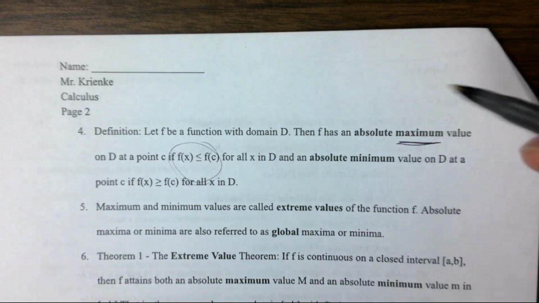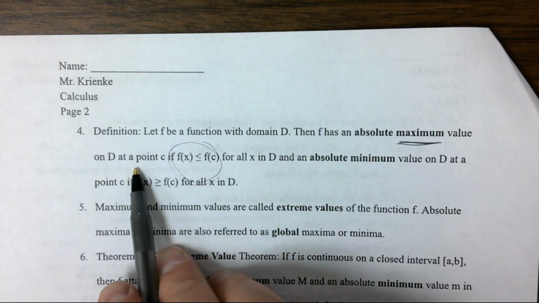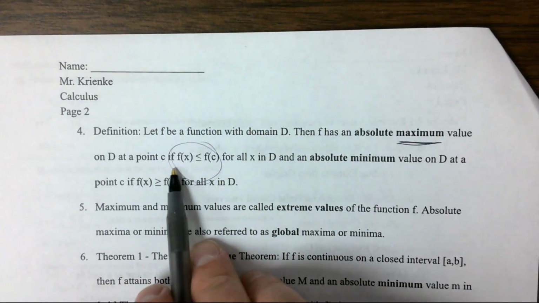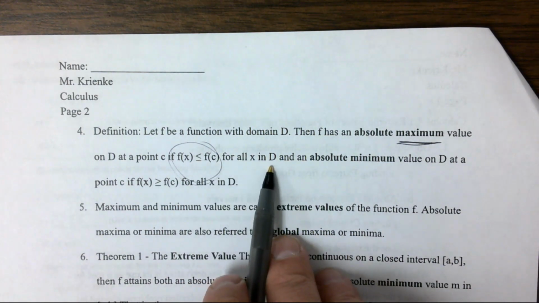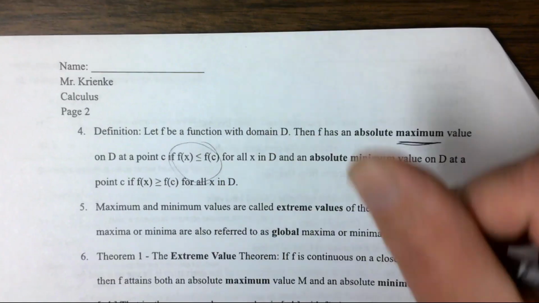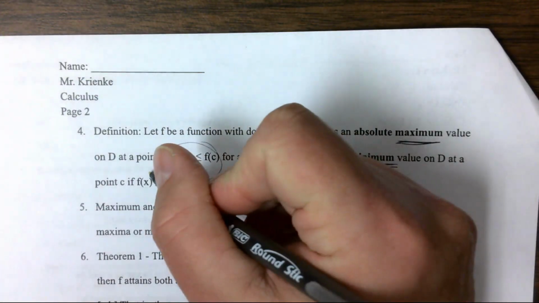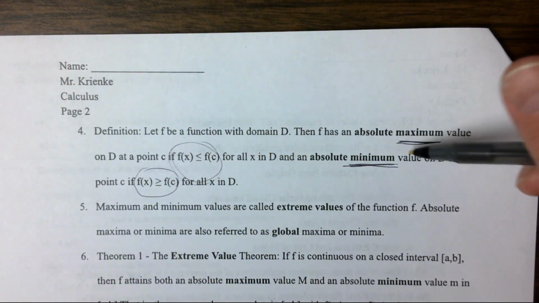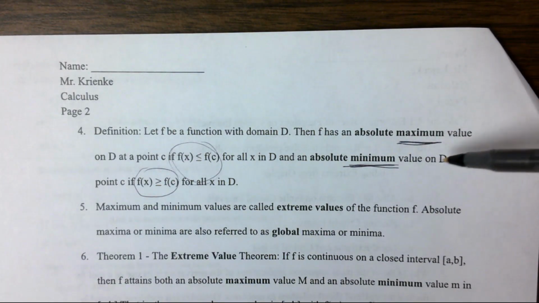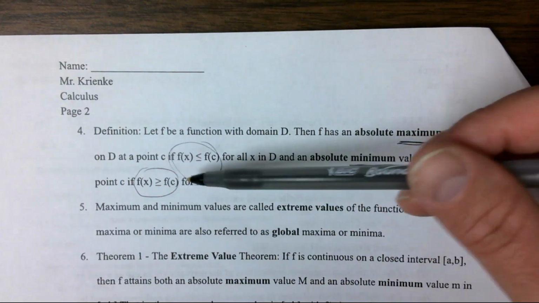Okay, so f has an absolute maximum value on D at a point c if f of x is less than or equal to f of c for all x in D, and it's an absolute minimum if it's greater than or equal to. So absolute minimum value on D at a point c if f of x is greater than or equal to f of c.